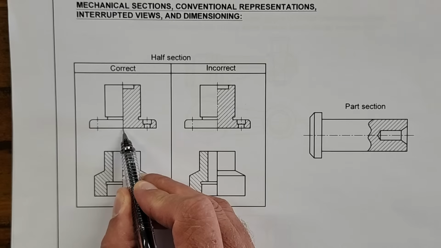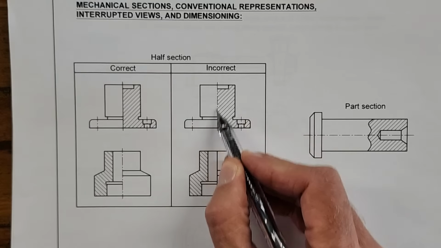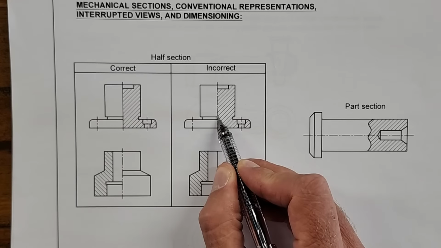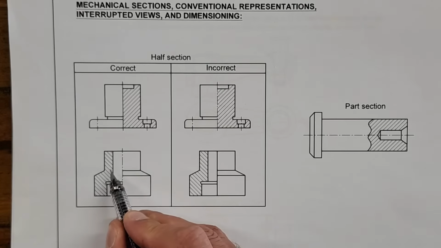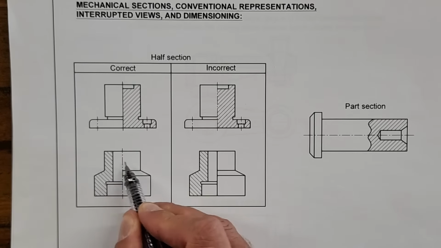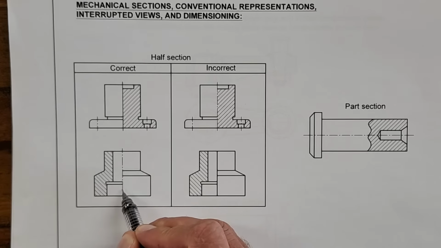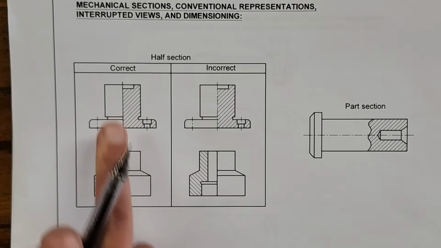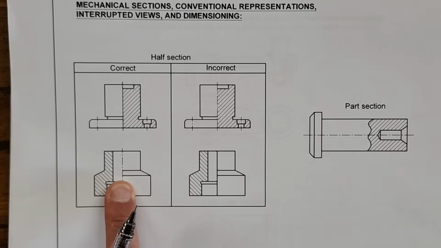That's a correct representation. If those hatching lines meet your center line of that half section and this line remains the center line, it's going to be incorrect. When the hatching in this example does not meet the center line, then that center line remains a standard center line. So that's very important.